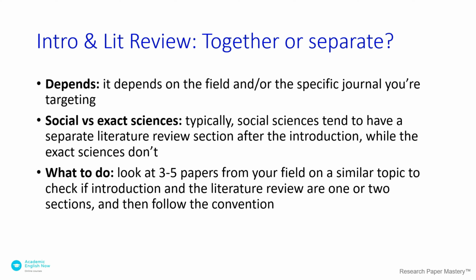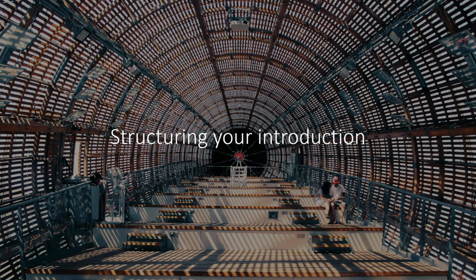And if you're targeting a particular journal, a new journal that you haven't written for yet, then you also want to check with the guidelines of that journal and previous papers published there to see how they've done the introduction and the literature review.